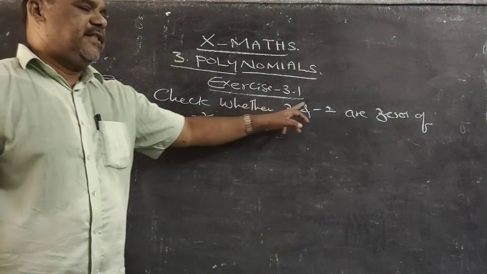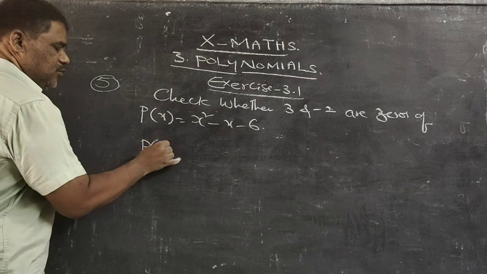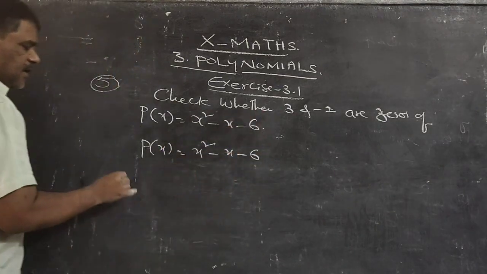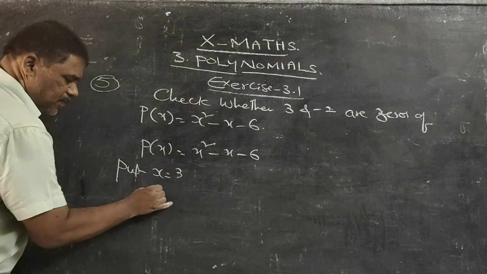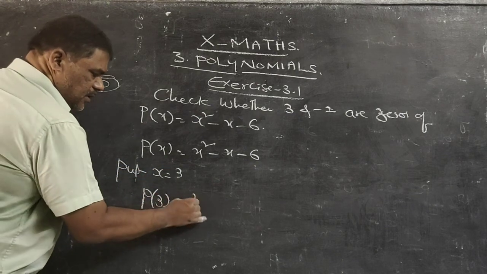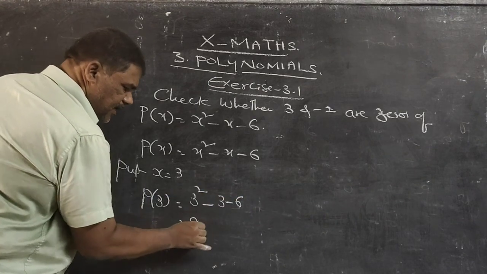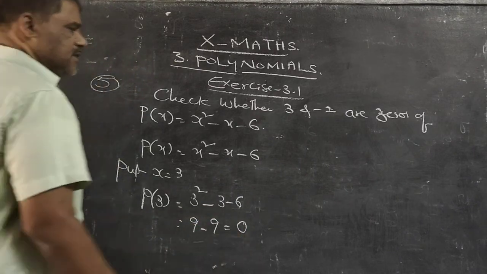We have to check whether they are zeros of the polynomial or not. So first you take the given polynomial x square minus x minus 6. First put x is equal to 3. So p of 3 is equal to 3 square minus 3 minus 6. 3 square is 9, 9 minus 3 minus 6. So we got 0 as the answer.